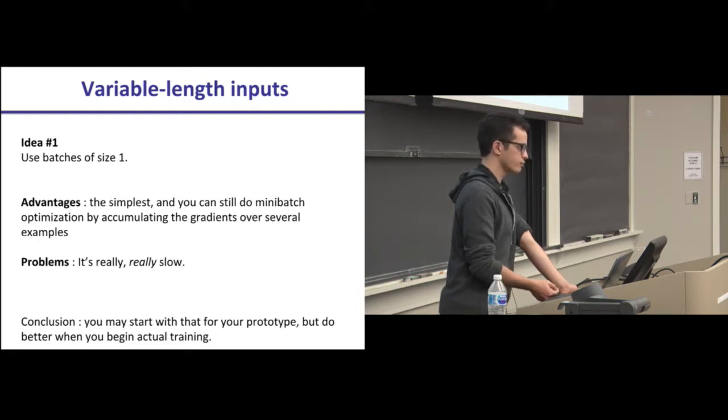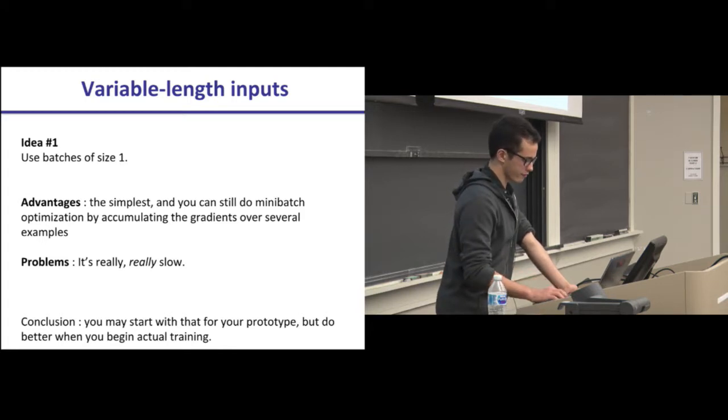If you have to write a model, it's a very good thing to do in order to debug your model until you're sure that it's actually learning. The thing is, it's super slow, so you would not want to do that in your actual training. You actually want to have batches.